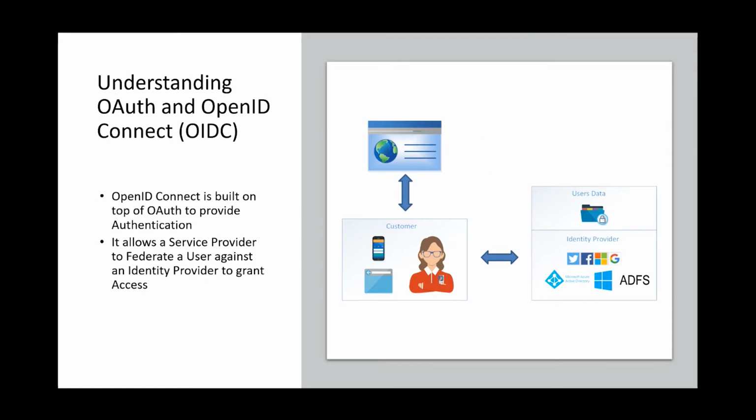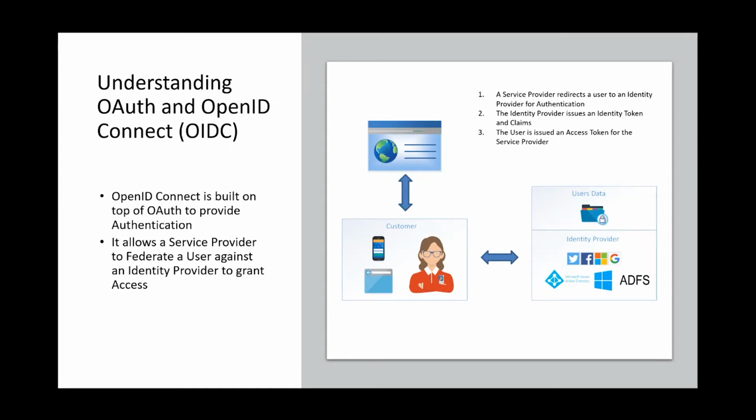And so along came OpenID Connect. OpenID Connect is basically an authentication protocol built on top of the OAuth authorization framework. OpenID Connect sits on top of OAuth, and it provides the federated access to an application that we discussed earlier.